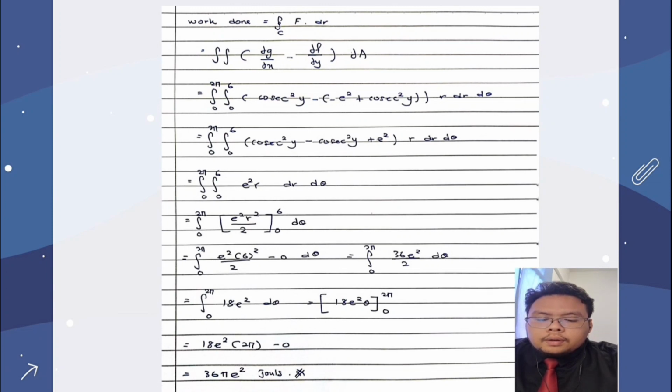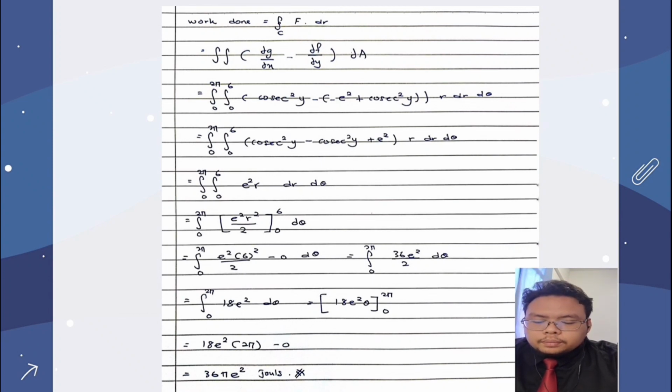From those differentiations, we plug in those values, which are cosec squared y and negative 2y plus cosec squared y, and we double integrate with the limits of 0 to 6 and 0 to 2 pi with respect to r dr d theta, which is an area element due to the circular motion of the gear.